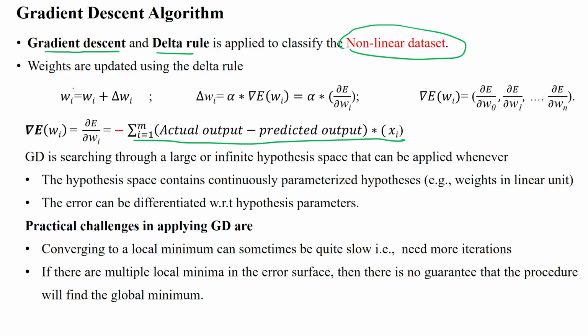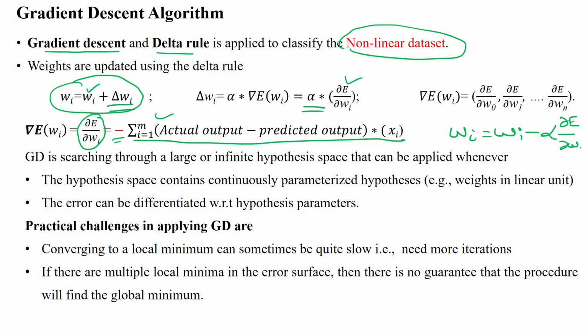So finally we write the weight update rule: new wi equals old wi plus delta wi, where delta wi is minus alpha into dou e divided by dou wi. So dou e divided by dou wi is minus this term. Finally wi equals wi minus alpha into dou e divided by dou wi. This is the final formula to update the new weights from the previous weights.